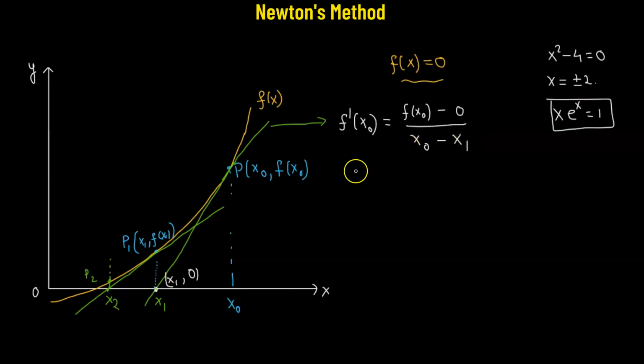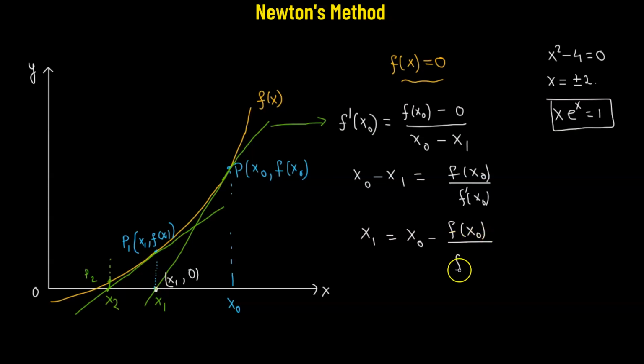We can rewrite this as x0 minus x1 equals f of x0 divided by f prime of x0, or simply x1 equals x0 minus f of x0 divided by f prime of x0.